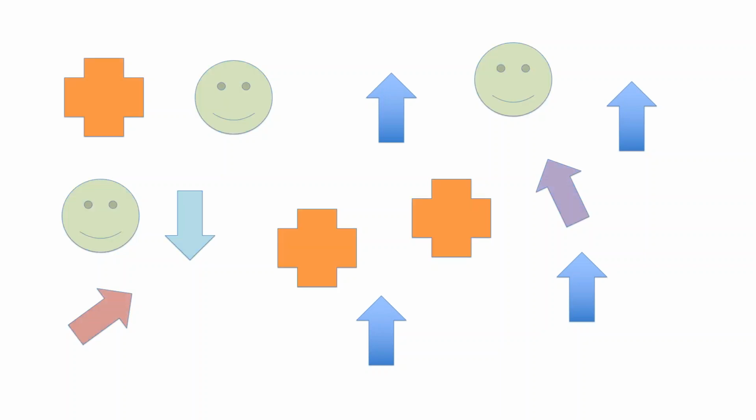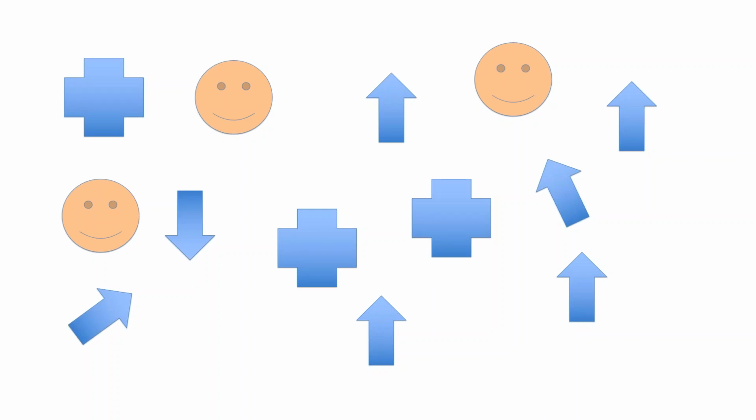If you add color to it, in this way at least, it doesn't help because there's too many different colors to be able to distinguish what's happening. However, in this case, by adding color just to the smiley faces, my brain immediately goes to those and I say, aha, that's what I should be focusing on.